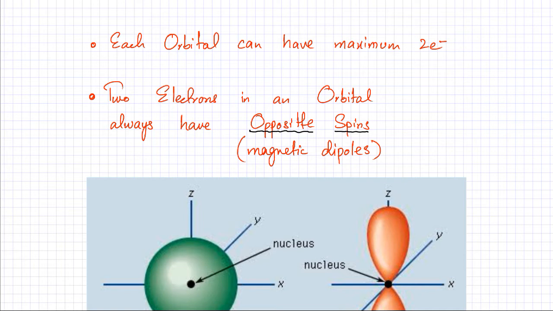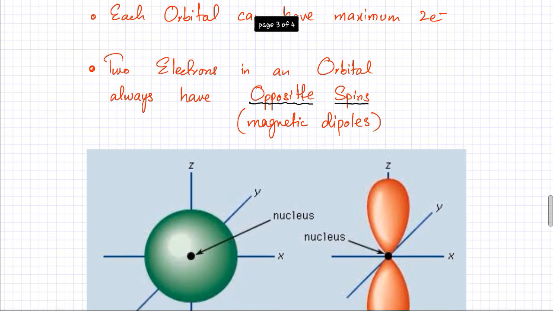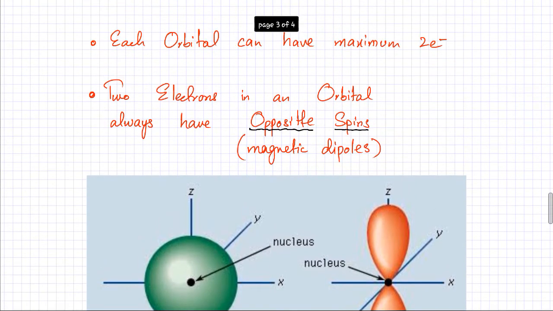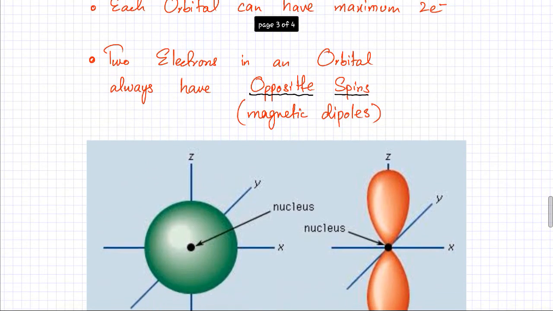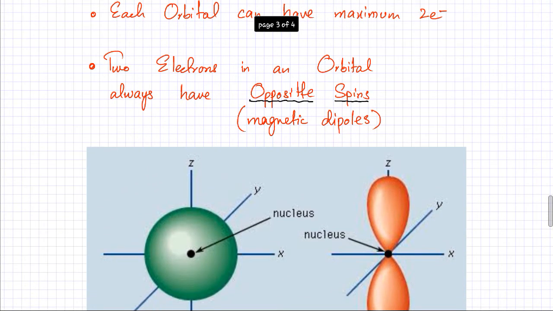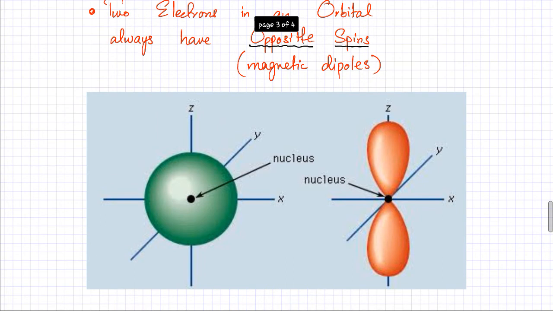You can have 1 electron, you can have 0 electrons. It would be empty, but it cannot have more than 2 electrons. Now I've drawn an s and a p orbital just as an example. Now if 2 electrons are occupying the same region, for example there are 2 electrons in an s orbital, so there are 2 electrons roaming around in this s orbital.